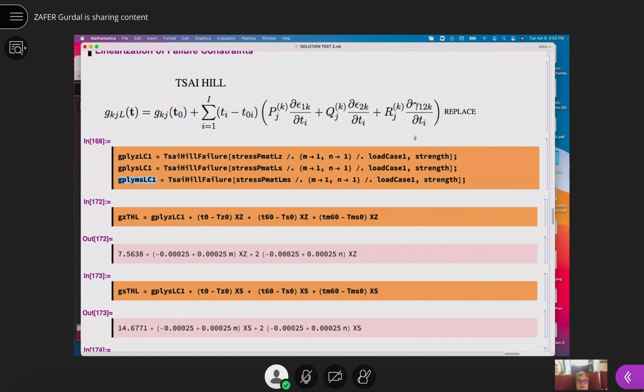So this may come as very confusing, but it is not. If your computer module, Psi-Hill, gets 3 stress components and 3 strength values, computes one number, you don't change the strength. Strength is the same.